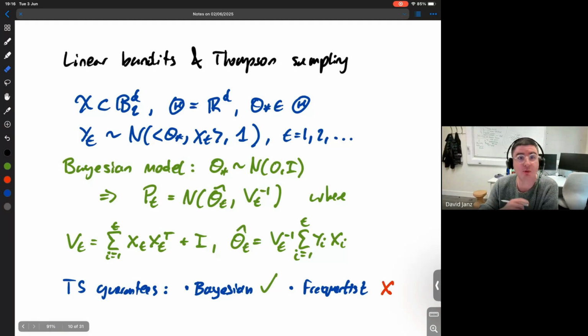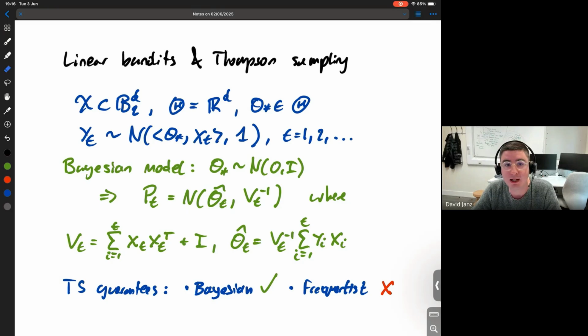However, if we move to the linear bandit setting, which in my mind is the minimally structured setting beyond k-armed bandits, so as soon as you have some correlations, here we have an action set that's a subset of the unit ball, which is just arbitrary normalization. Our set of possible models or possible bandit instances is just R^d.